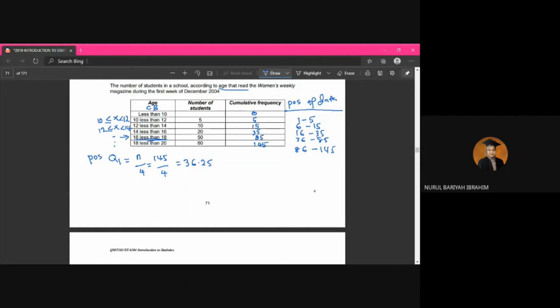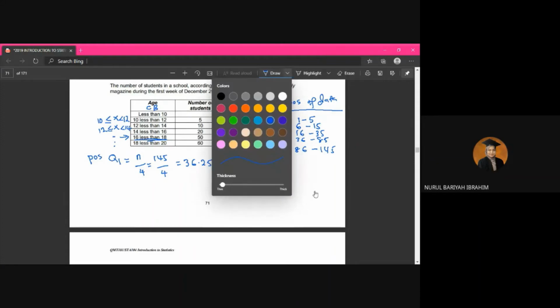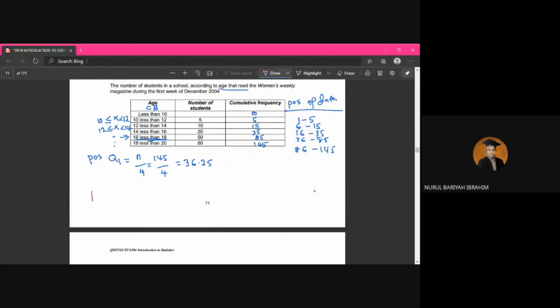Okay, let's look at Q3. The same method. First find the position, which is 3n divided by 4. So it is 3 multiply 145 divided by 4. What do you get? It is 108.75, which is here, right?